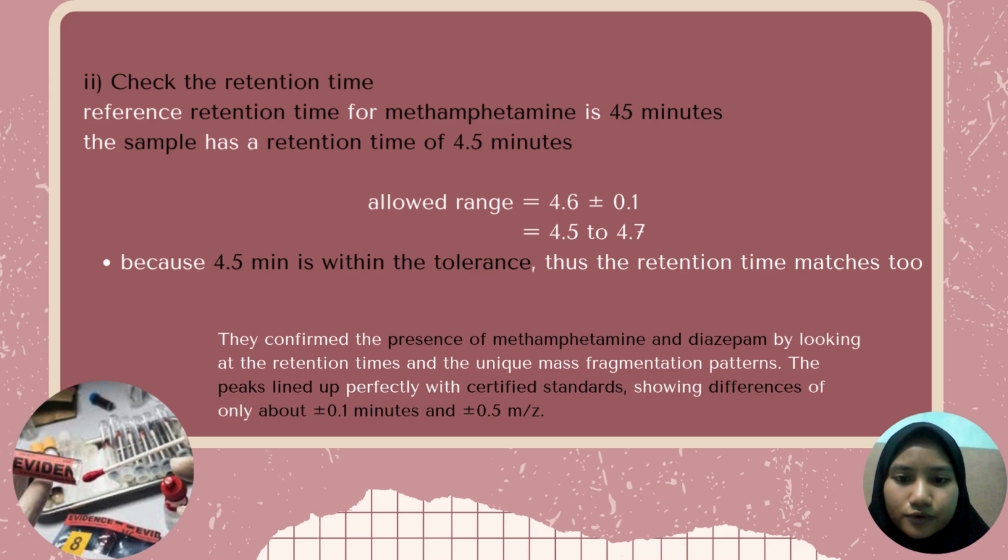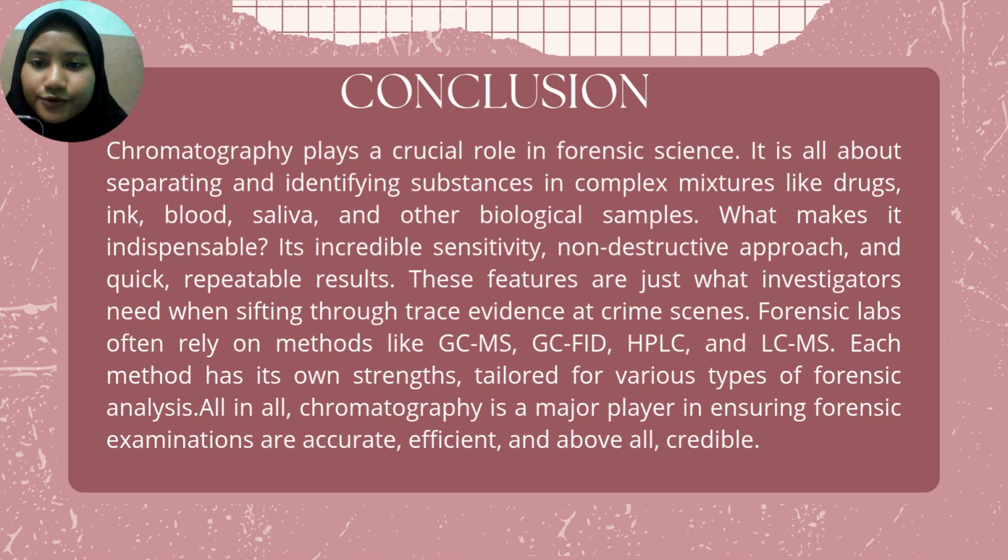So they confirm the presence of methamphetamine in the sample by looking at the retention time and the unique mass fragmentation pattern. The peaks line up perfectly with certified standards, showing differences of only about plus or minus 0.1 minutes and plus or minus 0.5 m/z. So the conclusion for this is that chromatography plays a crucial role in forensic science.